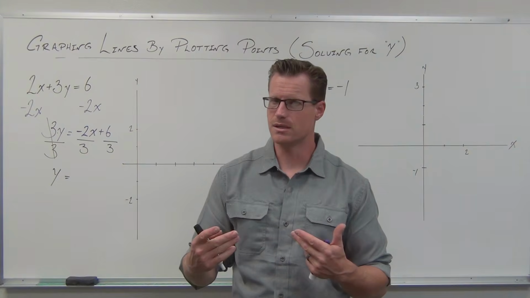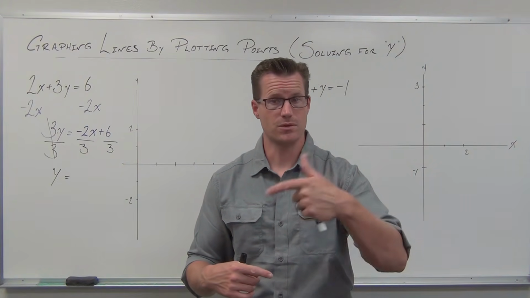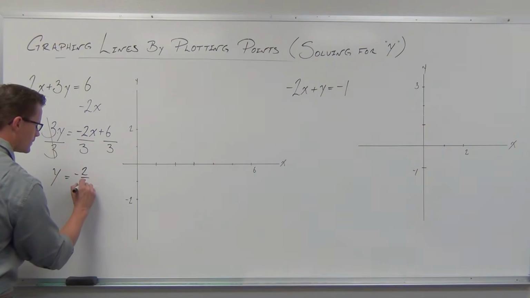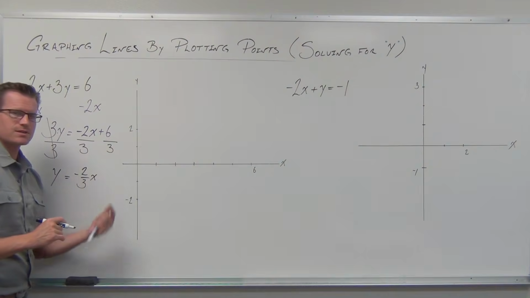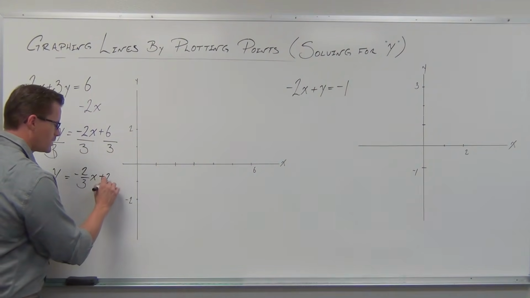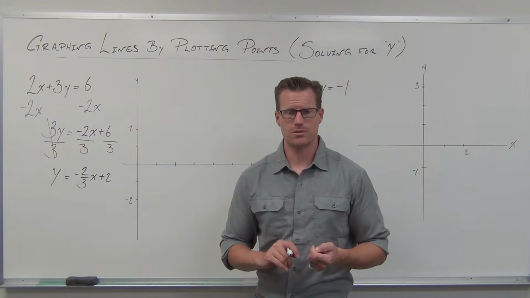So I don't want to see the negative 2x over 3. I'd prefer to see the negative 2/3 x. And then we have 6 divided by 3. Conveniently, that's a whole number. We get plus 2. I want you to pause right now and work your way through that example again.